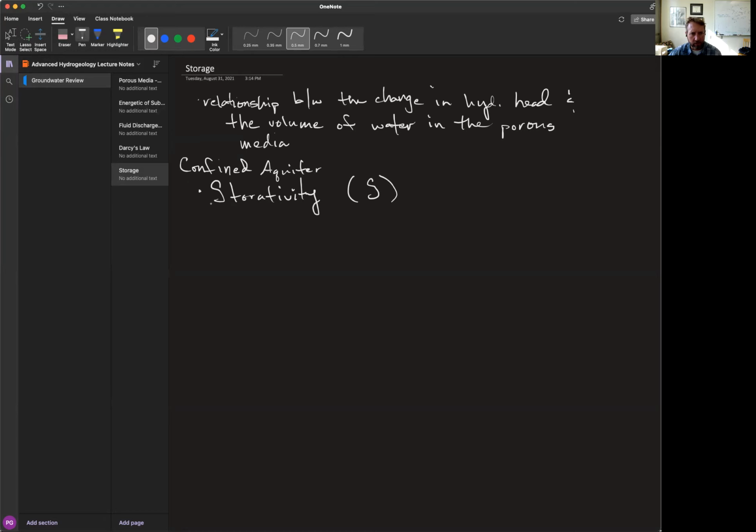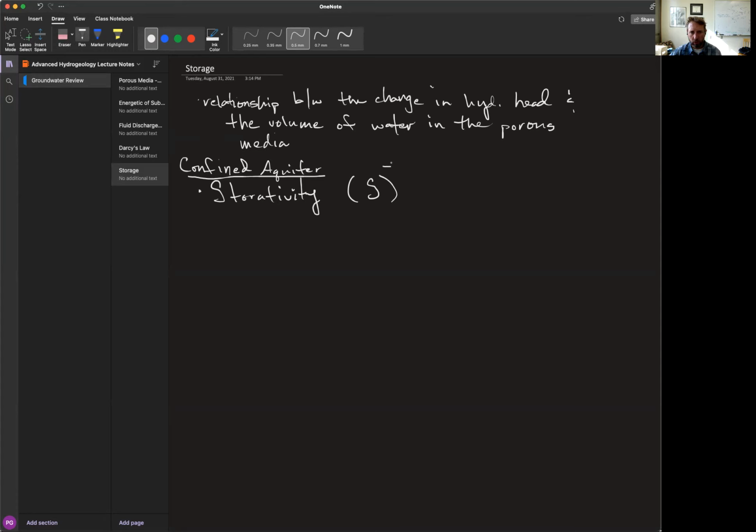And some days this note-taking program I use is really slow and drawing is harder than others. And that is happening today. Okay, so we're releasing water even though we're not draining pore space.